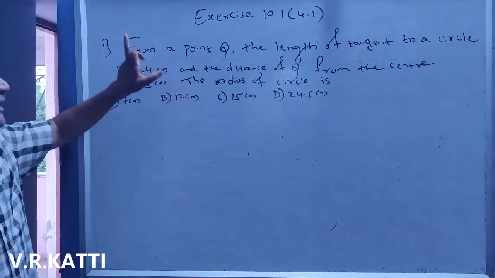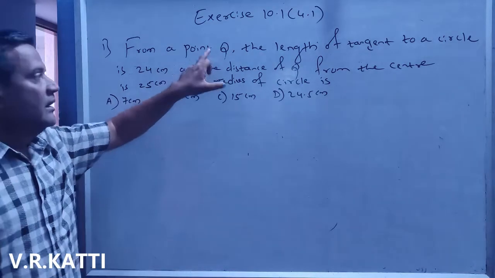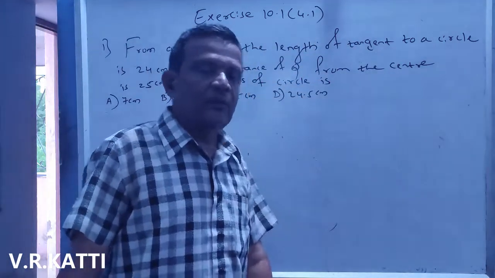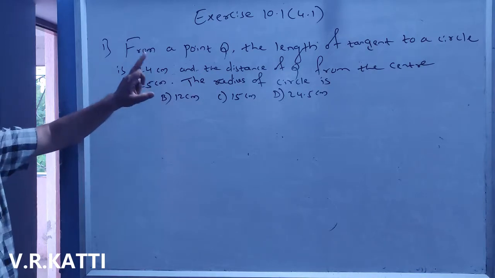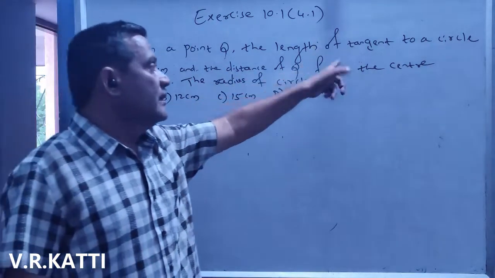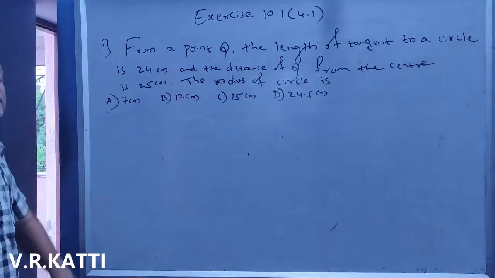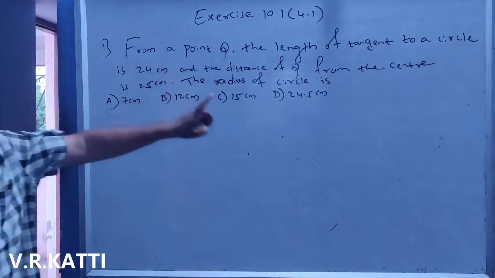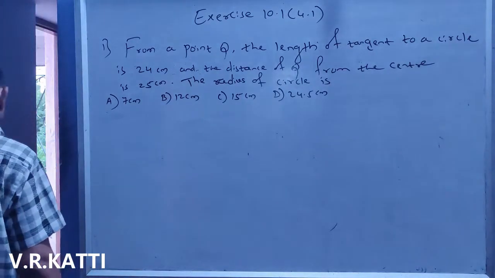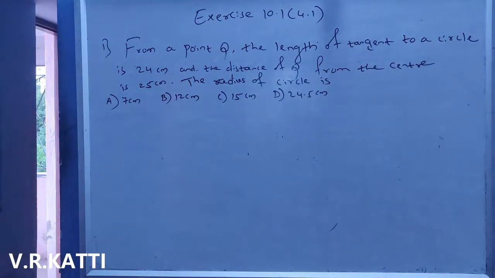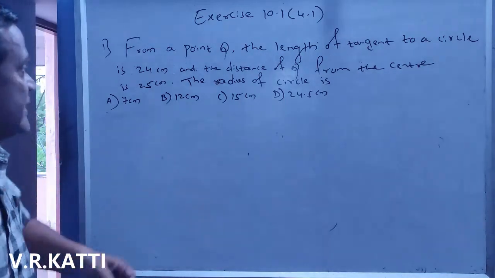The question is: from a point Q, the length of the tangent to a circle is 24 centimeters and the distance of Q from the center is 25 centimeters. The radius of the circle is? According to the statement, first draw the circle.